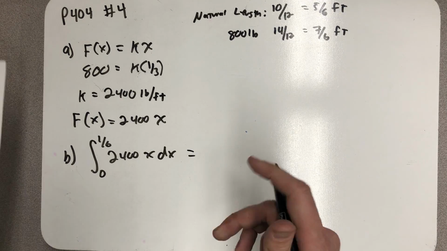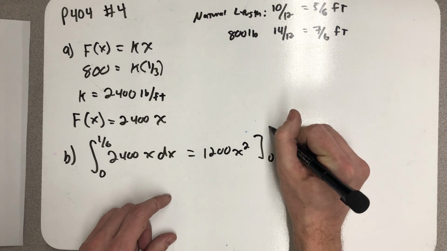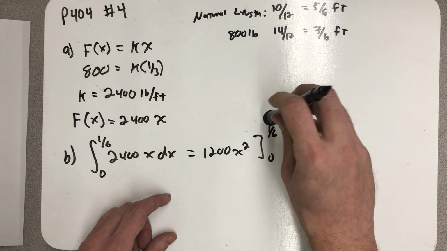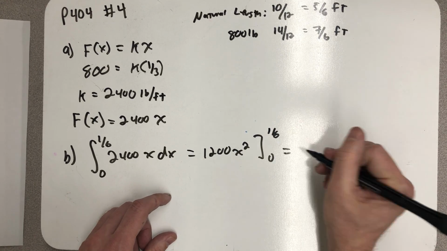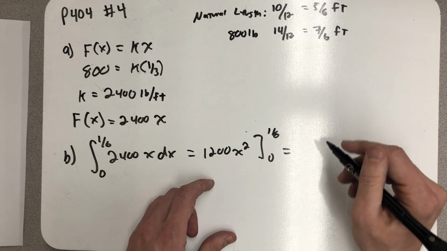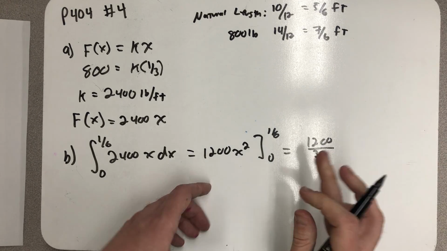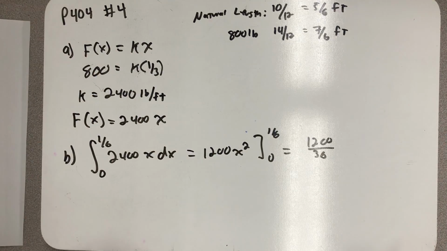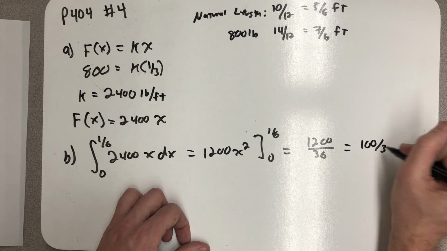So let's see. That'll be 1,200 x squared, and I need to evaluate from 0 to 1/6. So that's 1,200 over 36 when I evaluate. The 0 doesn't do anything interesting, and when I reduce this fraction, I get 100 over 3.